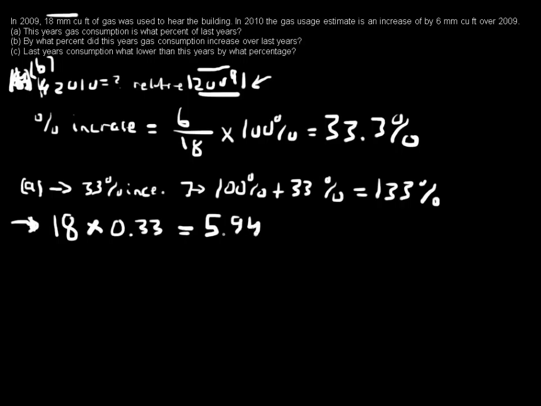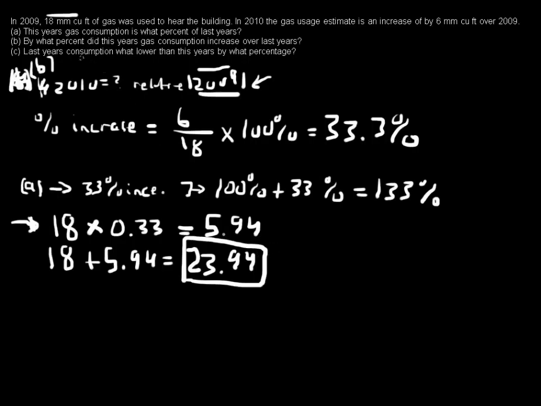So that's how much we increased relative to last year. Since we used 18 last year and we increased by this much, this year we must be using 23.94. Same units, cubic feet, liters, meters, whatever it is. That is how much we're using.